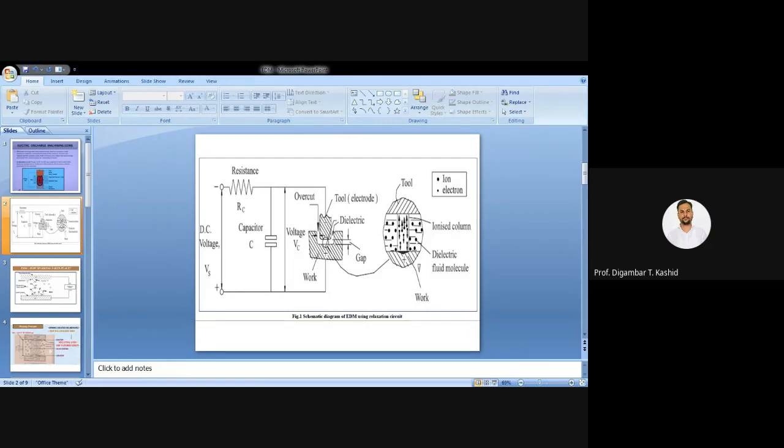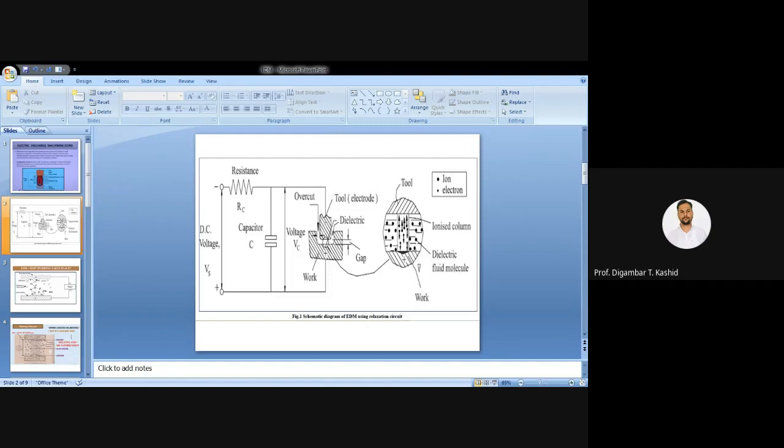So electrons break loose from the cathode and come towards the anode, and ions are directed towards the cathode. So there is hitting of electrons with a very high velocity to your workpiece.